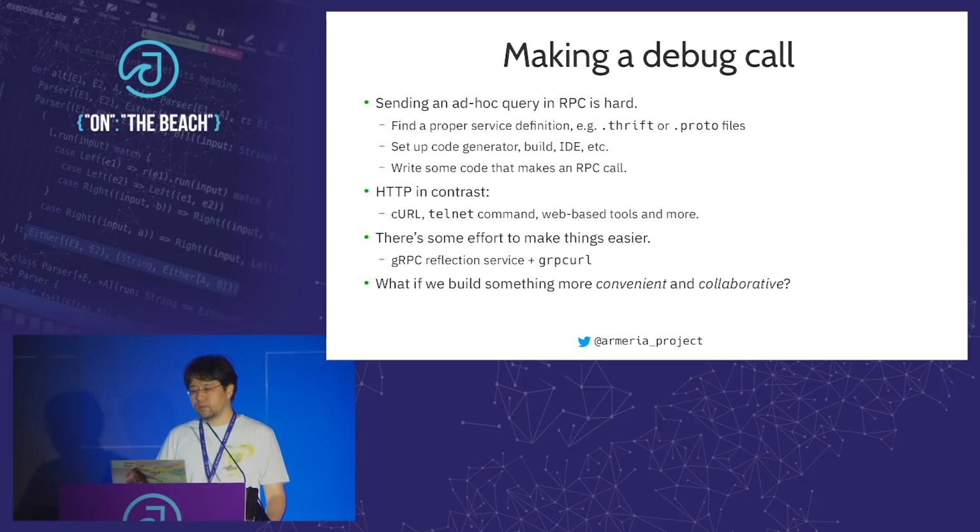In contrast, for HTTP, you can just use a tool like curl or even the telnet command. There have been some efforts for RPCs, but their history is pretty short and they do not cover all RPC protocols. So we made something more convenient and even collaborative in Armeria. I'm going to show you soon.